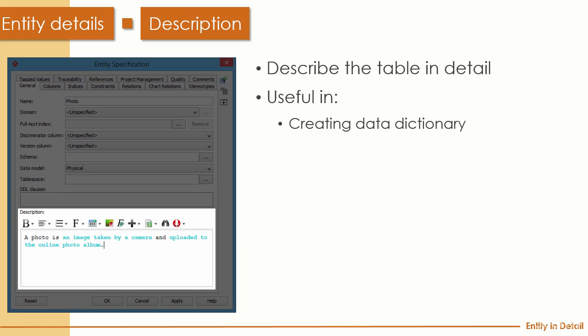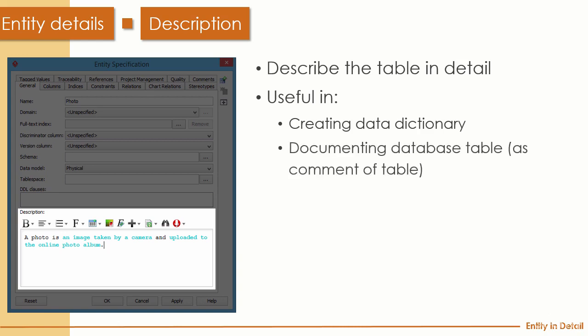The data dictionary is a kind of document for the developer or the database admin to understand the data structure. So the description will be generated there, and it is for documenting the database. When someone looks at your table and wants to know what this table is used for, instead of walking through each column and guessing what it is, they just need to read the description and understand it.